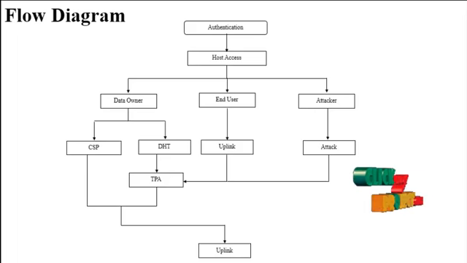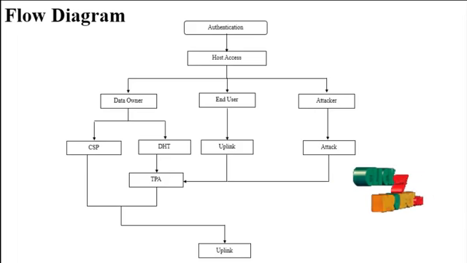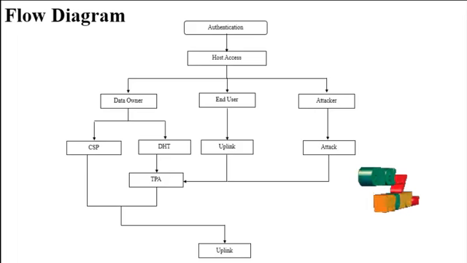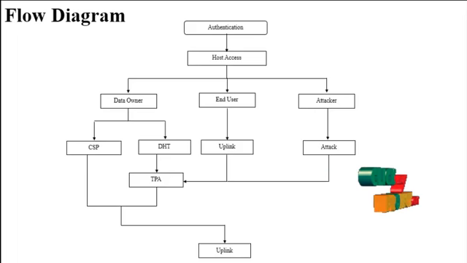In the end user services, the user will upload the required file, and it will go to the cloud service provider. Then it will be hashed into the hash tables for security purposes.